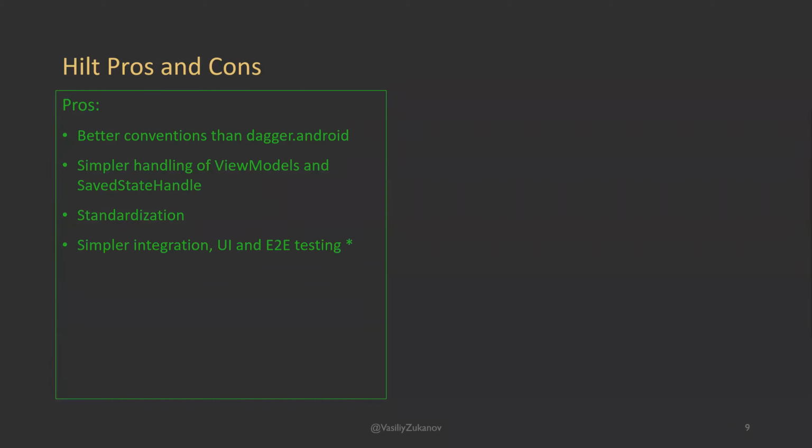I don't know much about that, haven't used that, so that's kind of just citing the documentation here. And Hilt indeed has better documentation than Dagger or Dagger Android, but in my estimation, that's not a benefit of Hilt. That's just Dagger's documentation, what has always been its biggest problem.